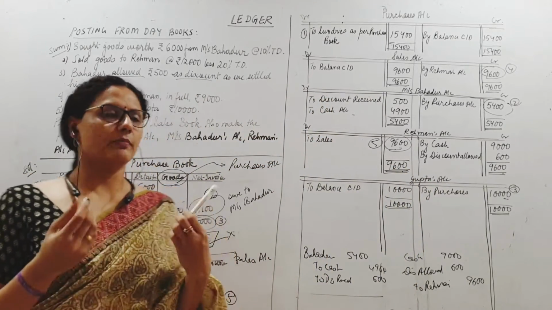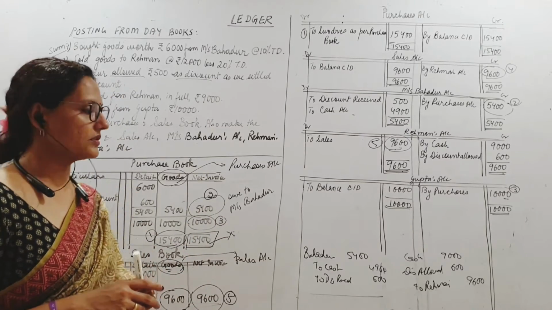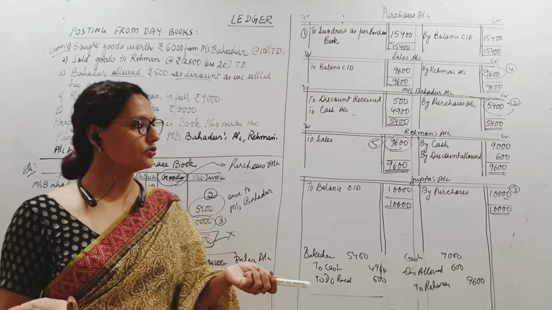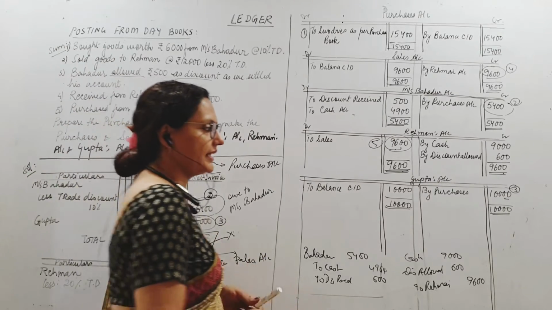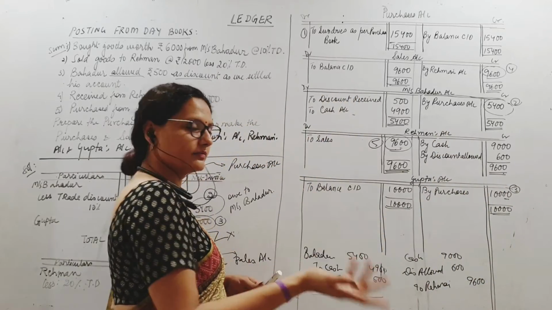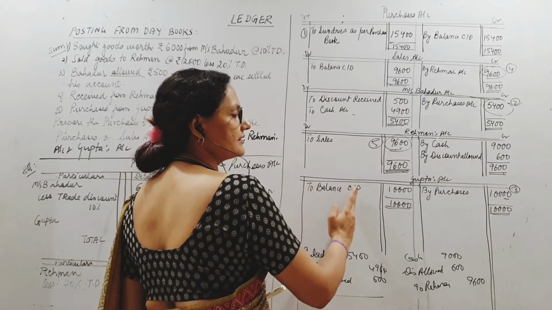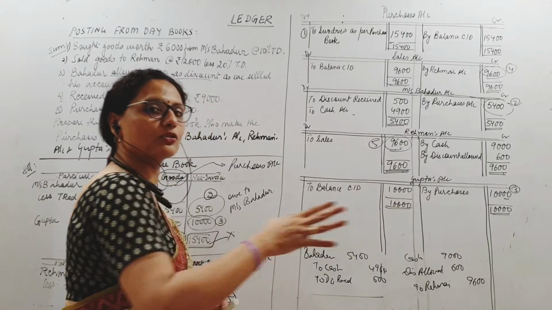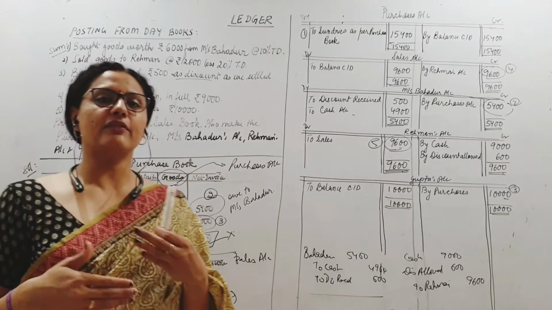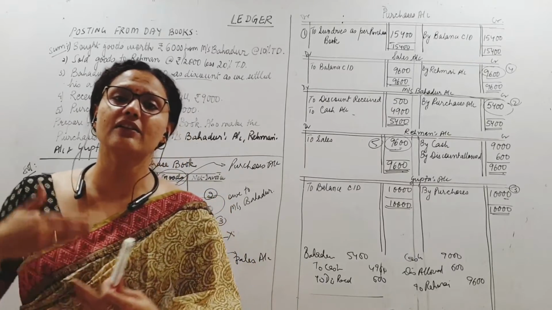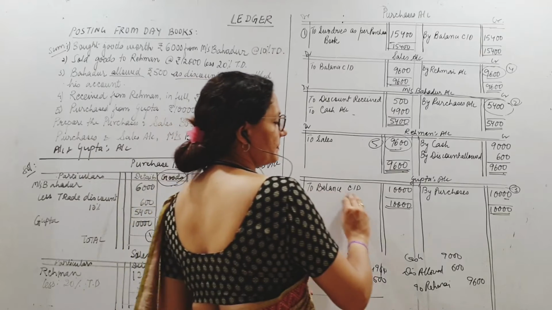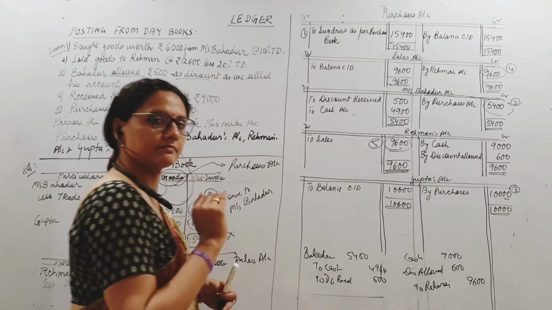Fine. So Bahadur's account closed, Rahman's account closed. Gupta, we are not seeing that any payment or anything. So when we close it, we cannot just leave it like that. We are showing this 10,000 due. It is still due. So it is to balance carried down. Now I am trying to close Gupta's account. Because this period is over, every end of every period we close the books and we carry forward the balance to the next period. So क्या करेंगे? To balance carried down 10,000, right?